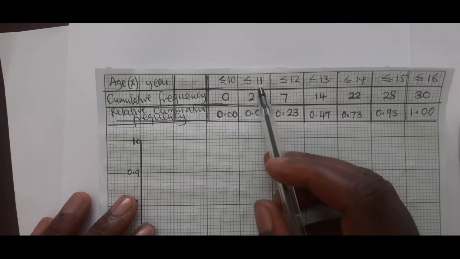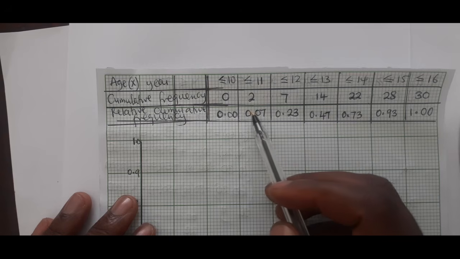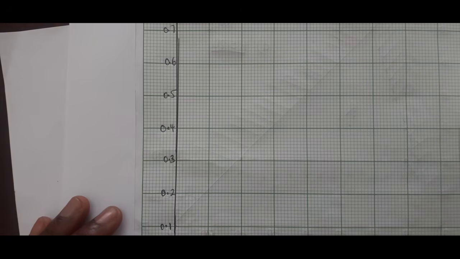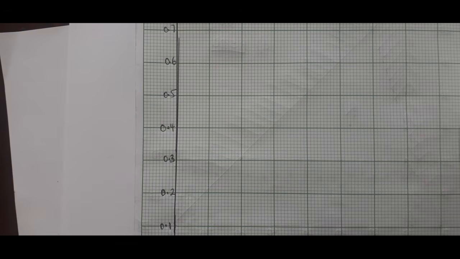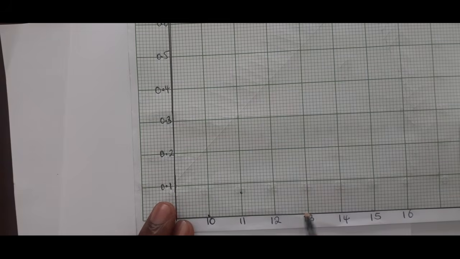Then 11, 0.07. Going up to the 7th one, 1, 2, 3, 4, 5, 6, 7, this is 0.07 at this point.